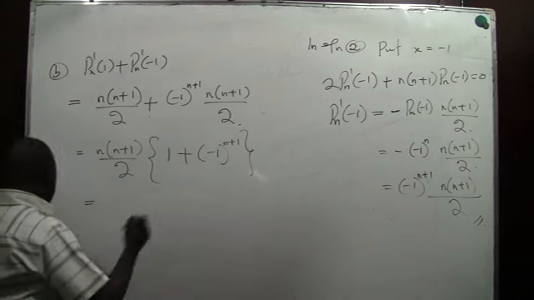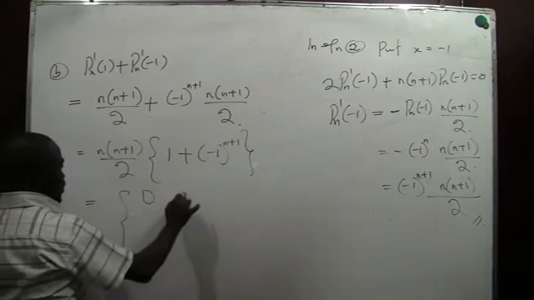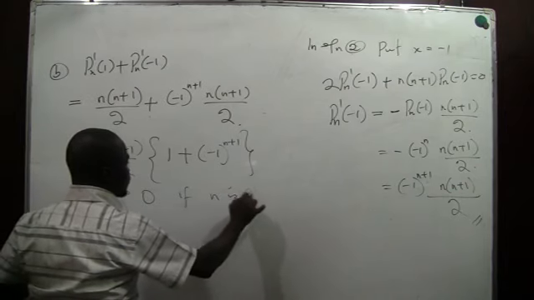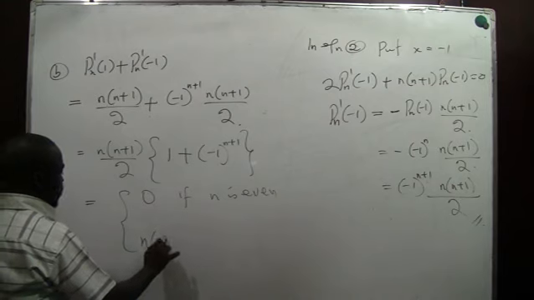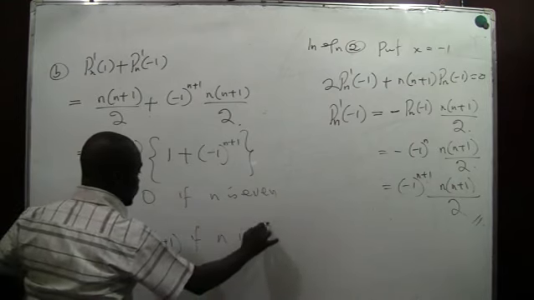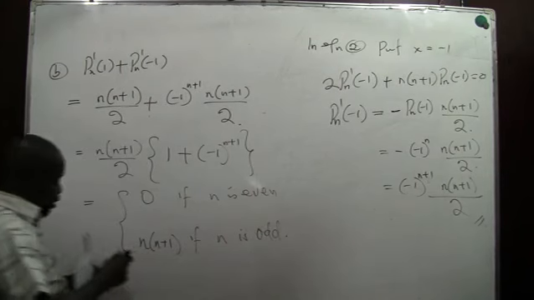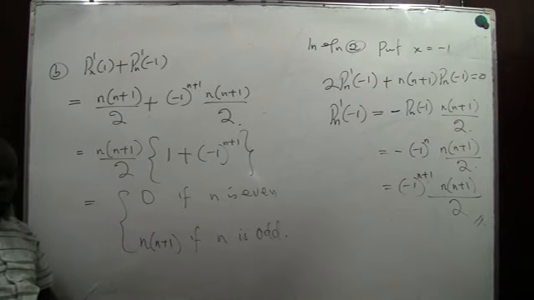So we have two major results. The first result is 0 if n is even, and the second result is n(n + 1) if n is odd. And that is the value as instructed from the question.